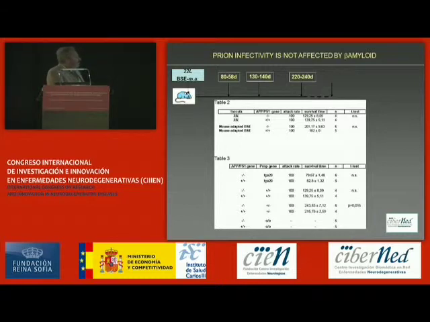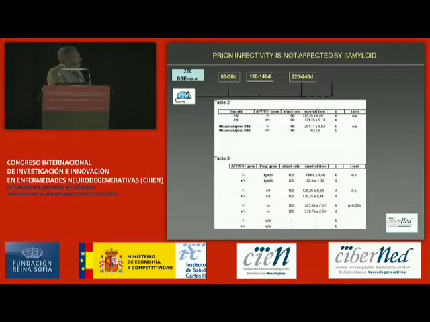And the second type of experiment was just to show, using 22L, that the prion is only sensitive to the amount of PrPC in the brain. So a mouse without PrPC is never infected.